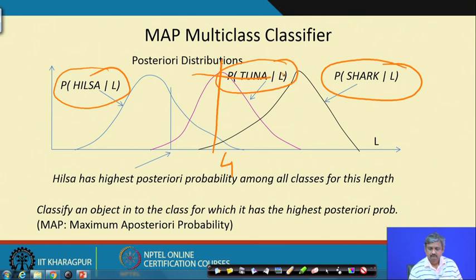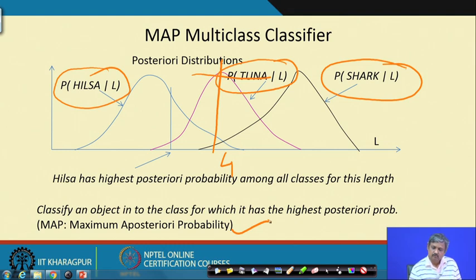So, basically follow the MAP principle, and this will give me the base classifier.